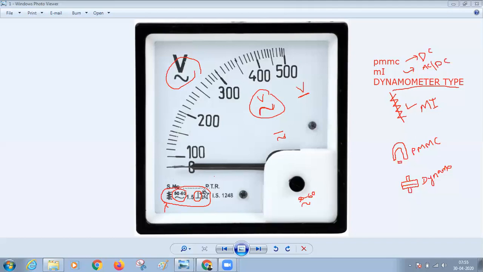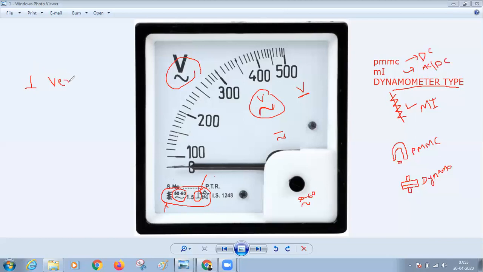That indication is given by the designer with one symbol, this symbol here. If the manufacturer specifies the symbol like this, which is a perpendicular symbol, it means you have to place that meter vertically.